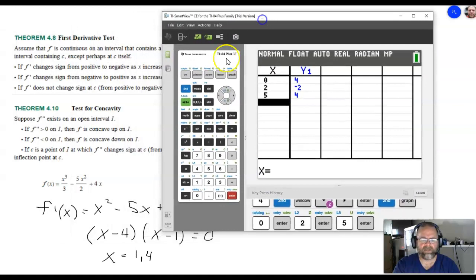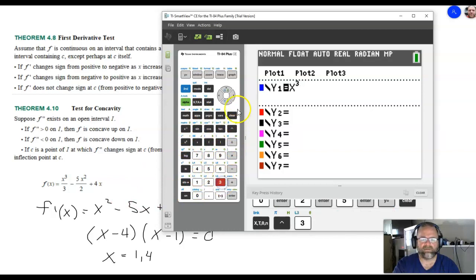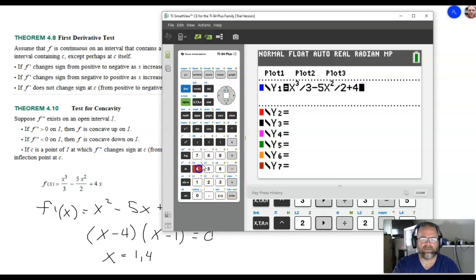Now let's go ahead and actually graph the main function here, just to verify what we did. So we have x cubed divided by 3, minus 5x squared divided by 2, plus 4x.